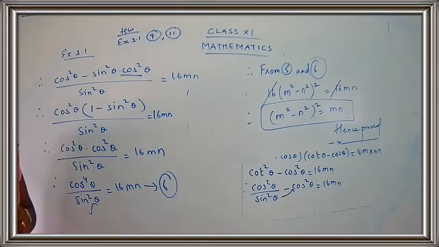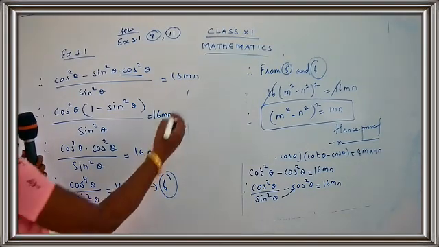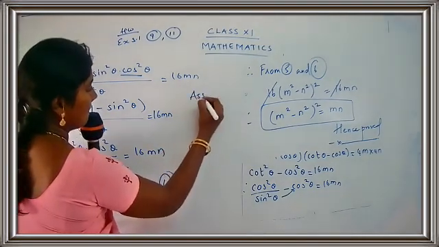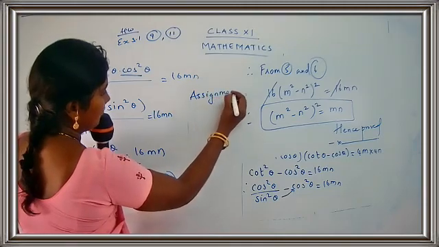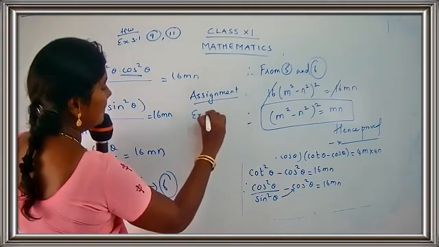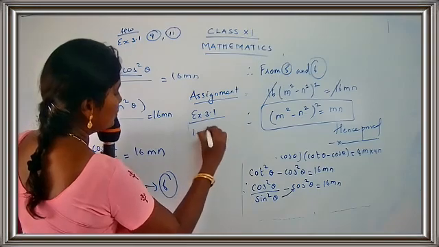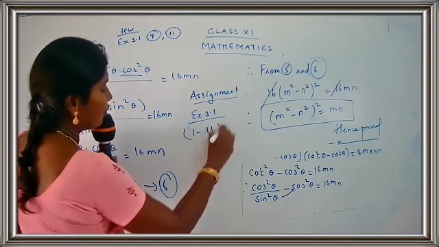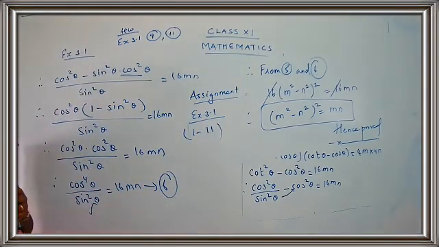And your assignment will be exercise 3.1, 1 to 11 sums. Okay, you are going to complete 1 to 11 sums, because the 12th sum is left out. I'll be giving you the 12th sum in the next class.